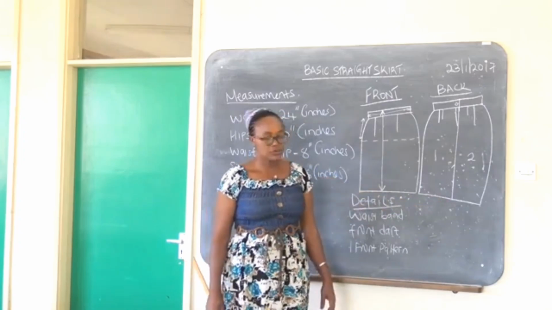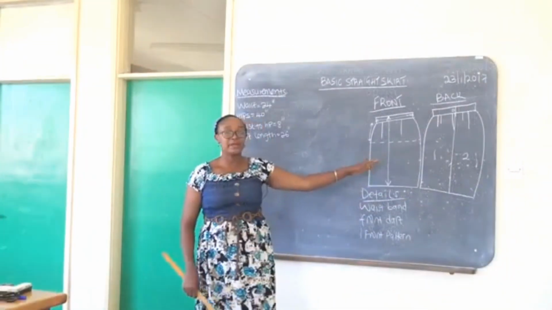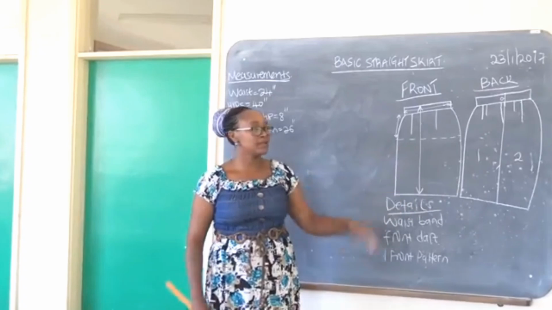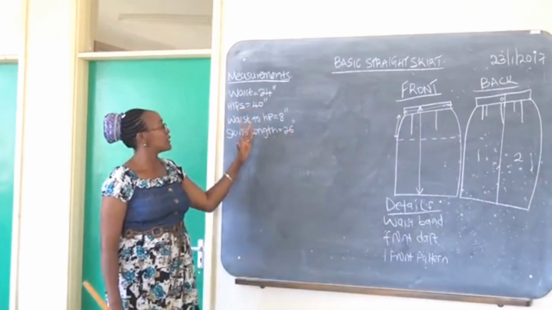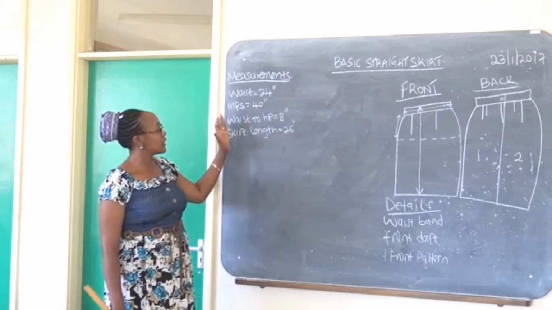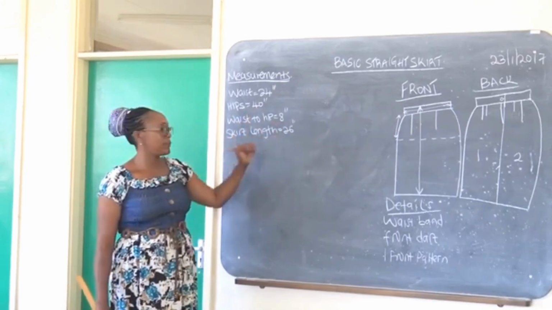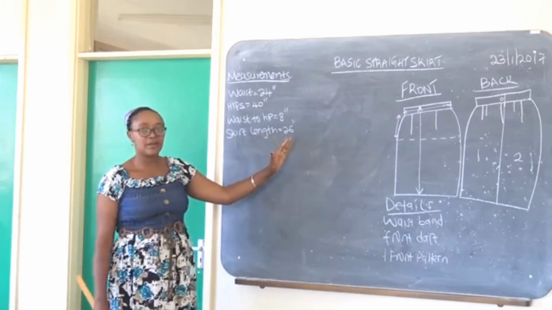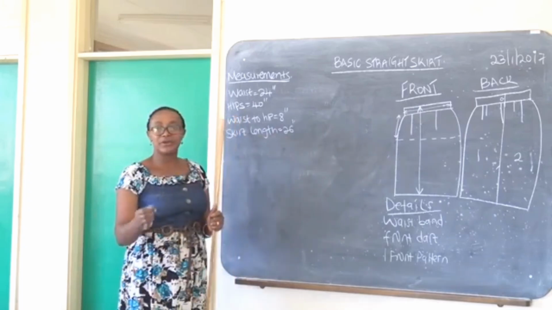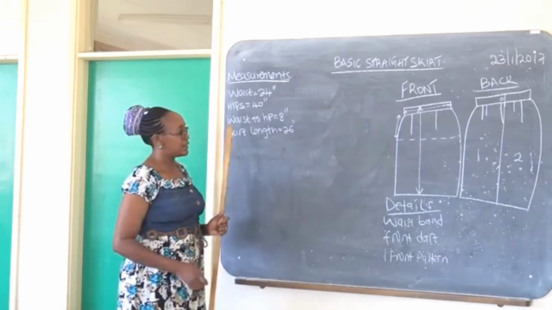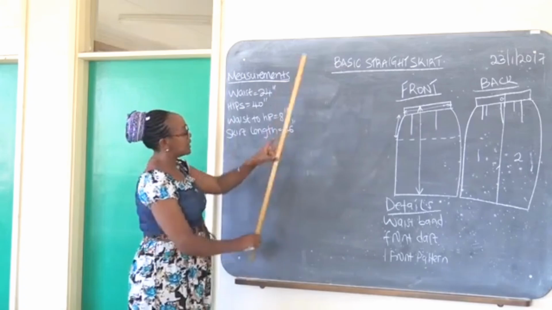Let's continue together. In developing patterns for this straight skirt, we need to take into consideration the measurements. We've got the waist, we've got the hips, we've got the waist to hip, and we've got the skirt length. For us to begin, we need to identify the major lines in production of these patterns.